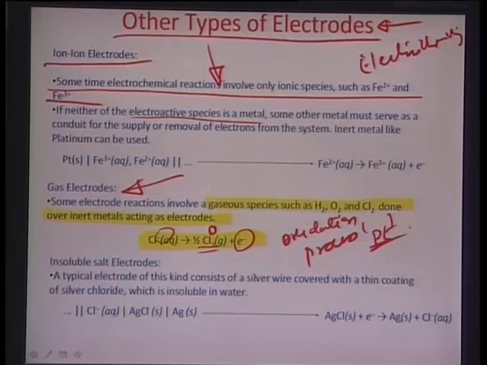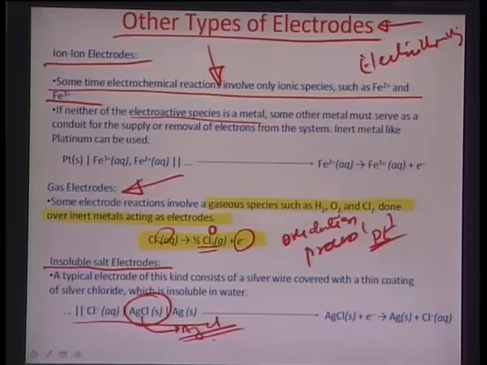Another form of electrode here is the insoluble salt electrode. Here the concept is a little different. Let us say we are talking about an AgCl electrode, a silver chloride electrode. Normally silver chloride is an insoluble salt in water, so if you put AgCl, it precipitates as crystals. The problem is, in that case, what do you do with the electrochemical sensing or electrochemical cell design?